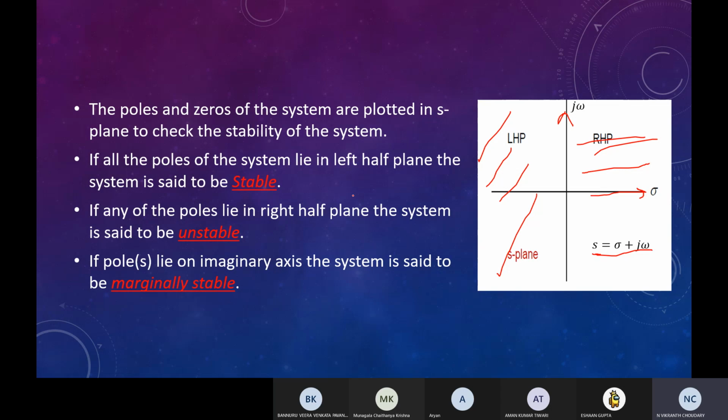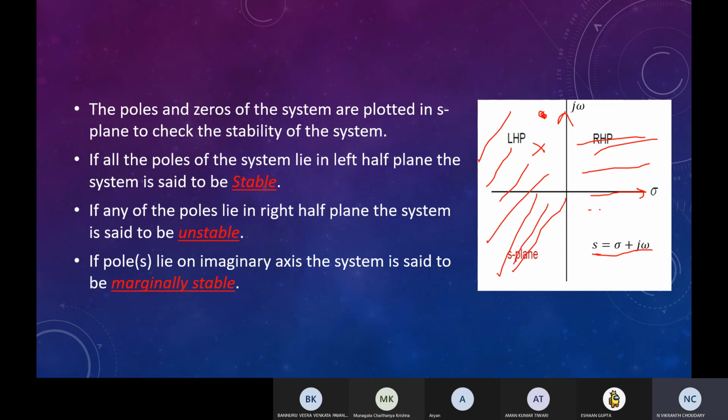If the poles, which we represent as x crosses, and the zeros, which we represent as dots, all lie in the left-hand plane, then this system is said to be stable.